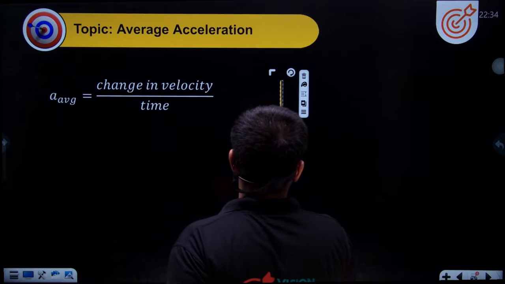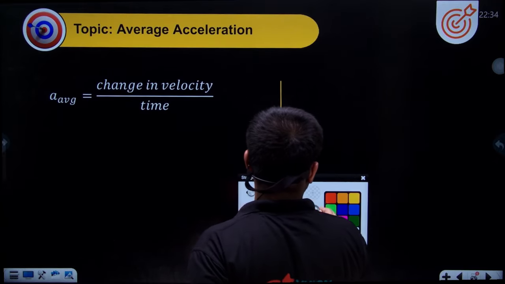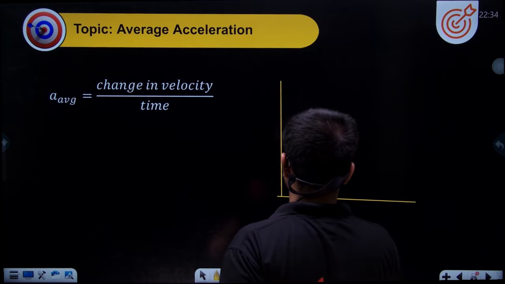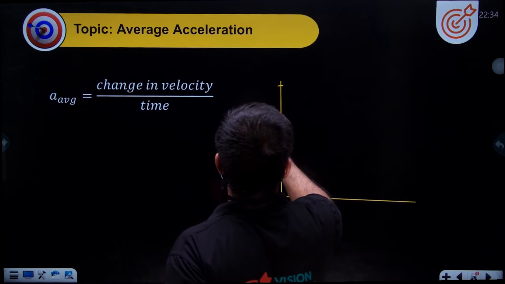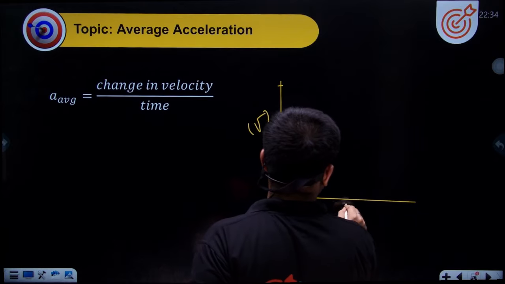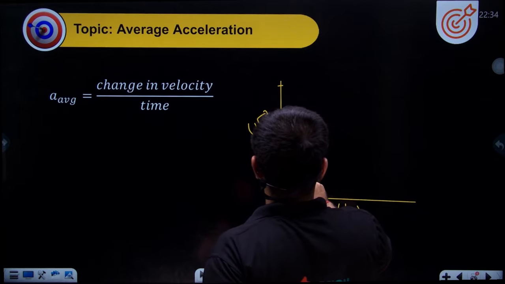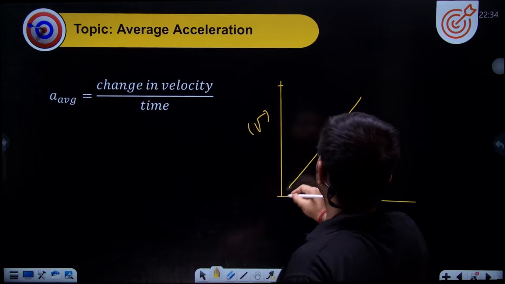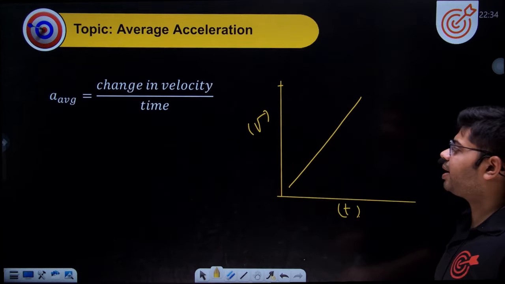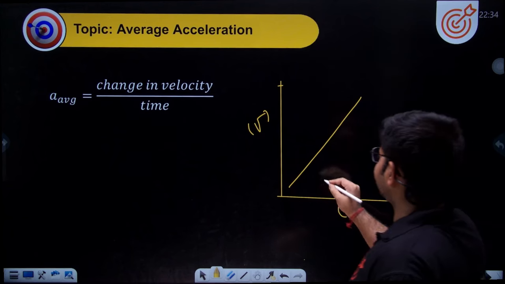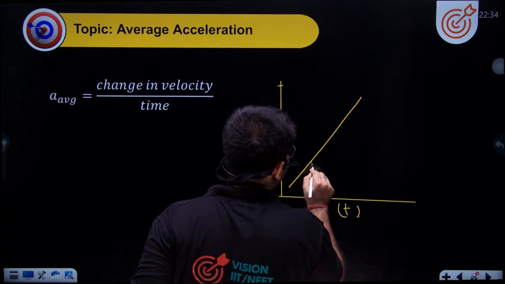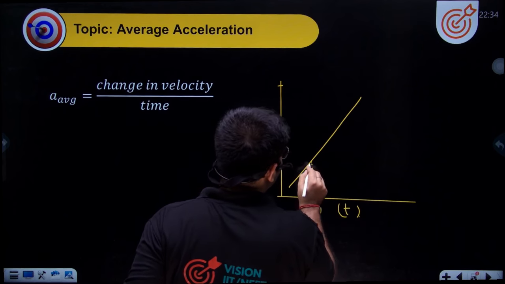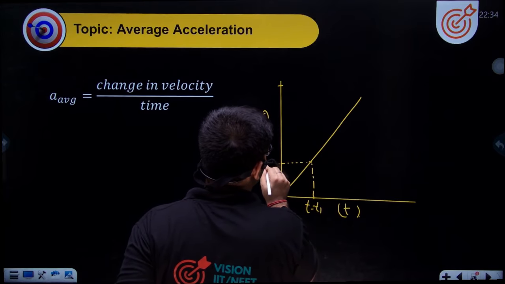So if the y-axis is representing my velocity and the x-axis my time, and I have a plot like this, v versus t, and the curve is something like this, I can say that the slope of this curve is nothing but acceleration. That means the rate of change of velocity. If this is t is equal to t1, my velocity is v1.